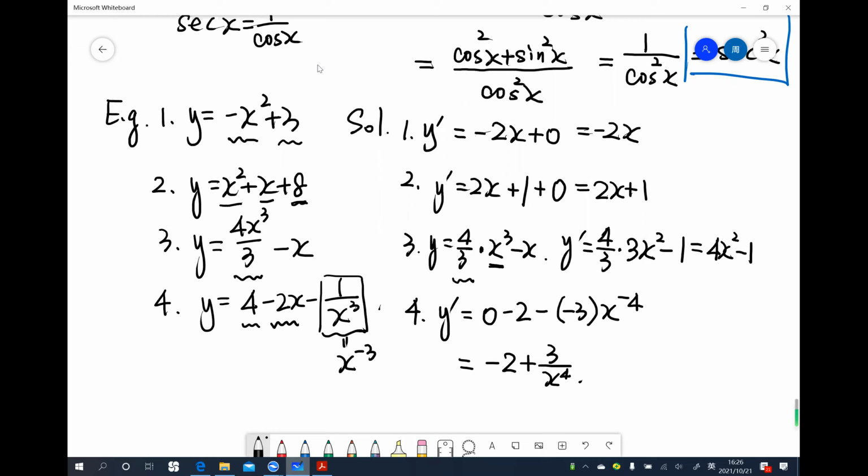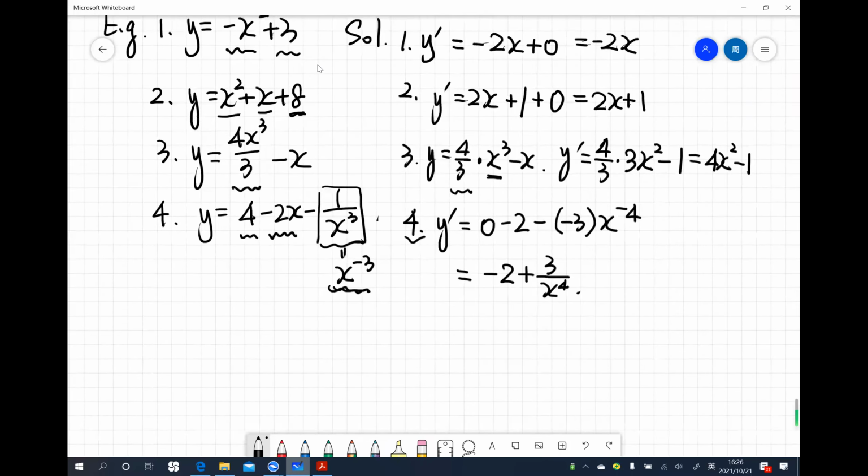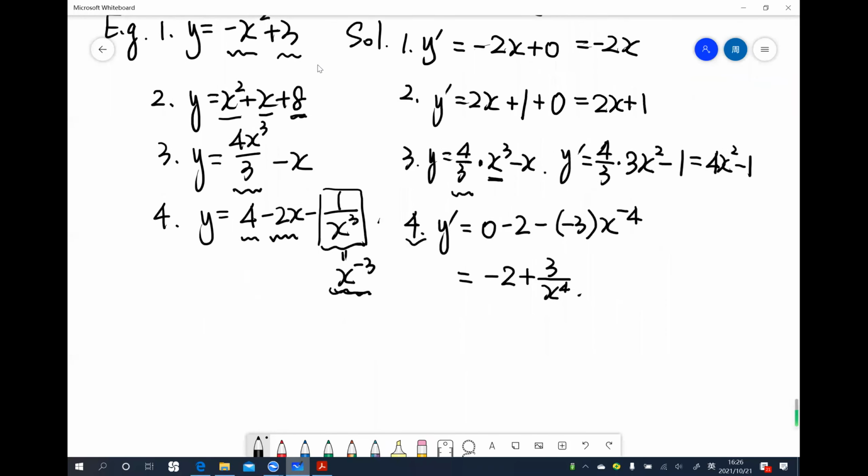So any questions? I did not understand, Laoshi. How do you get minus 3 into x power minus 4? Oh, which one? Number 4. Yes. Here you don't understand how I get x power minus 4, right? If I want to calculate the derivative of x power minus 3 by dx, here n equals minus 3, right?